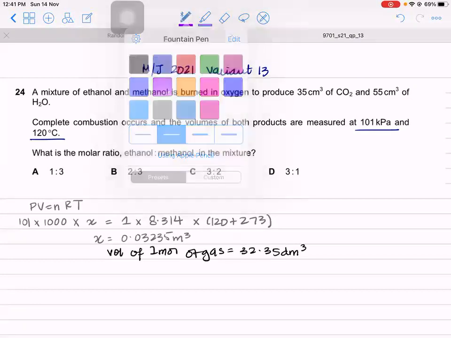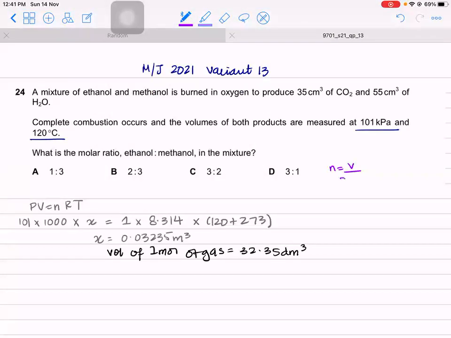Now, once we have this, we can find the moles of these gases. Moles equals volume upon 32.35, because the conditions are different. Let's find the moles of carbon dioxide. It's 35 cm³, so moles is 35 upon 1000 divided by 32.35, which comes out to be 1.08 × 10^-3.